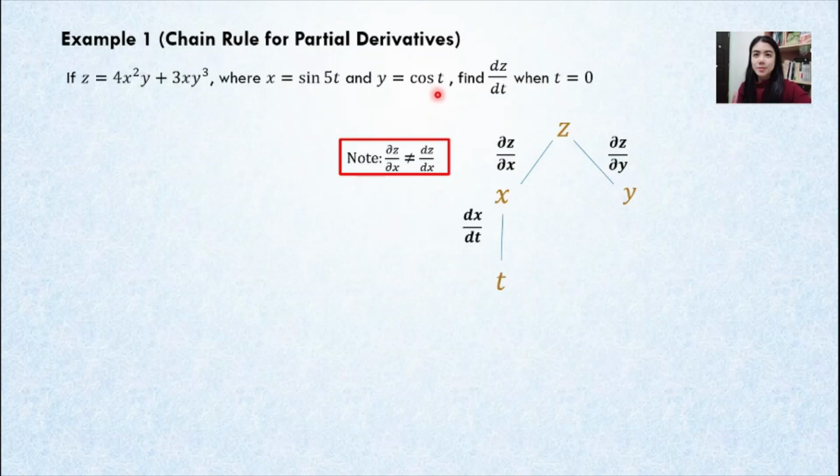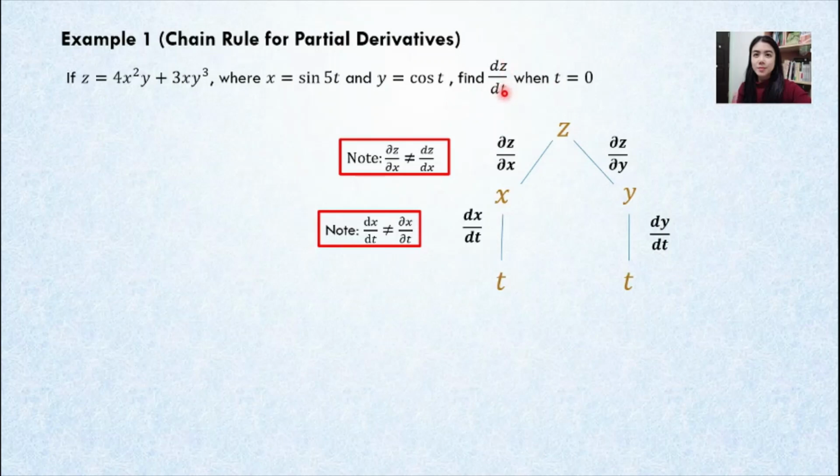You only have one variable, that is t, so you draw one branch that ends with t, and since you are moving from y to t, you have dy dt. Please take note that dx dt is not equal to del x del t. We are using dx dt here because you only have one variable inside the equation x.